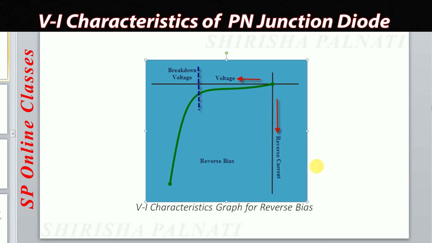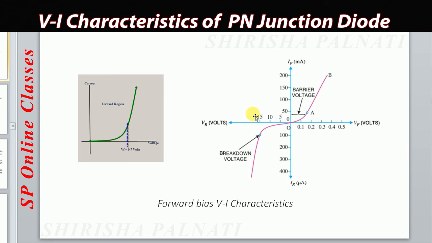Now comparing the reverse bias and forward bias. In the forward condition, the current increases linearly. Here also the current increases at the breakdown stage, and we take the same values. If you turn this graph over, the same graph is presented for the reverse bias.